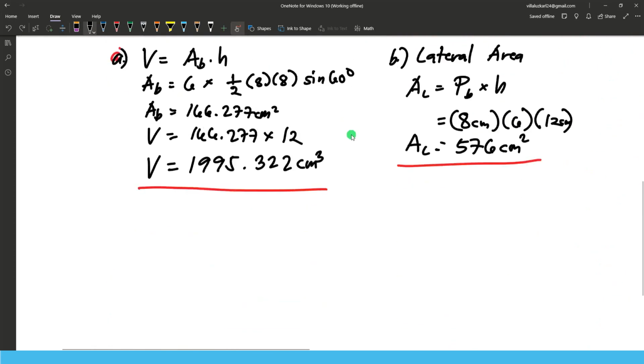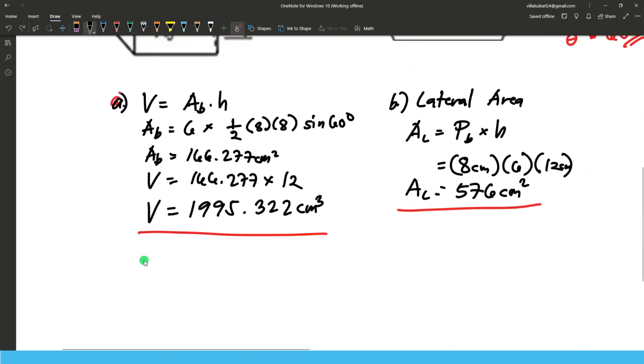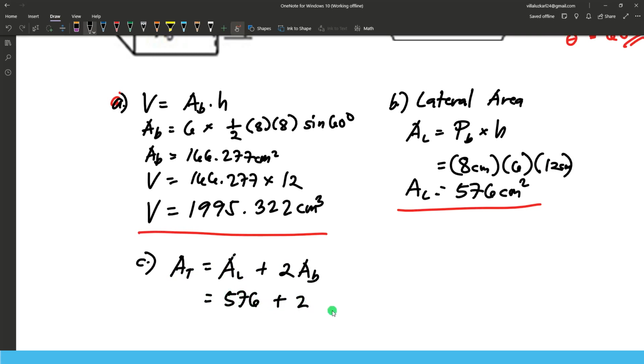Thirdly, what is the total surface area? For the total surface area, area total equals the lateral area plus twice the area of the base. So 576 plus 2 times 166.277.